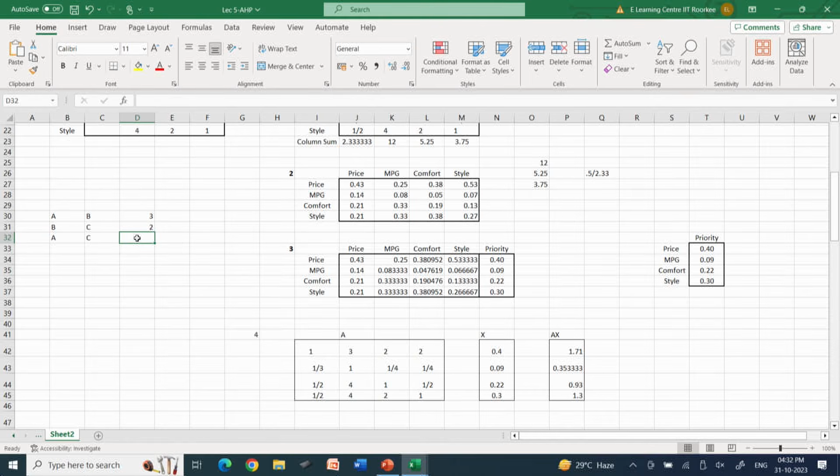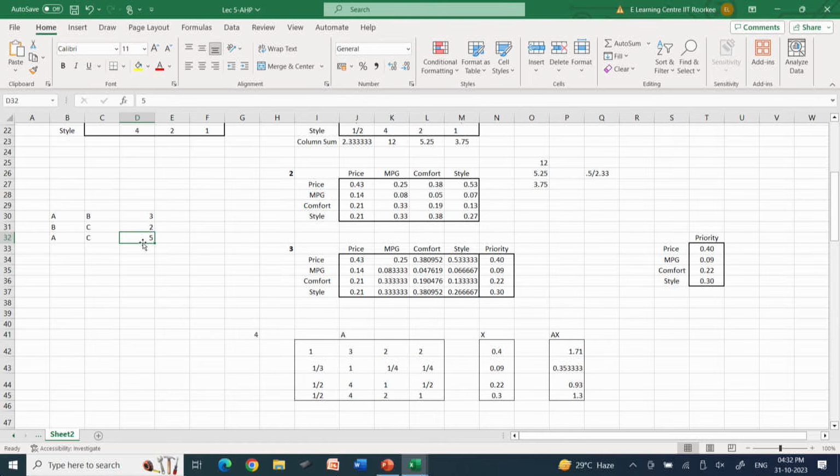In case the respondent has given a weightage of say 5, that means the respondent is inconsistent in giving the values for the pairwise comparison. This is the meaning of consistency that I am going to find out for each pairwise comparison matrix. Here the pairwise comparison matrix is for the criteria.